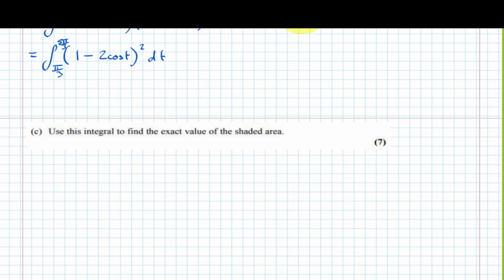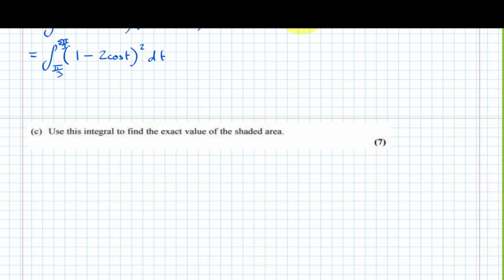Well, go on, let's try and make this a bit more interactive. Put in the chat what you think the first step here is. So we've got the integral we need to do. Type in the chat what you think is the first thing that you should do. Expand the bracket, yeah.